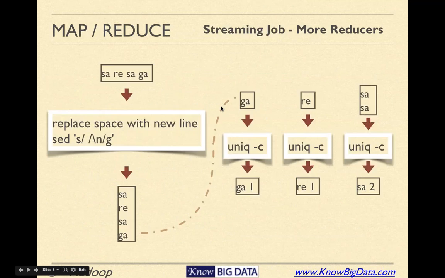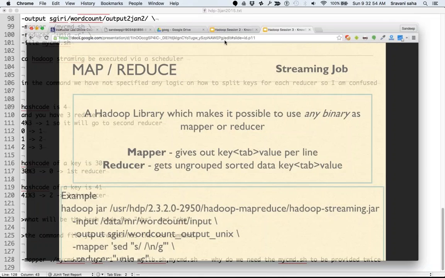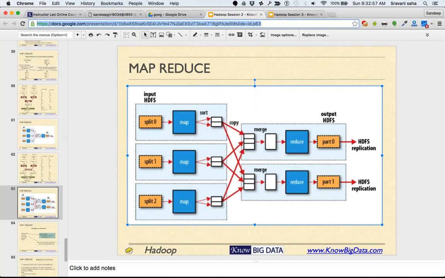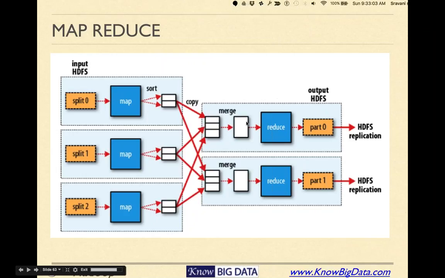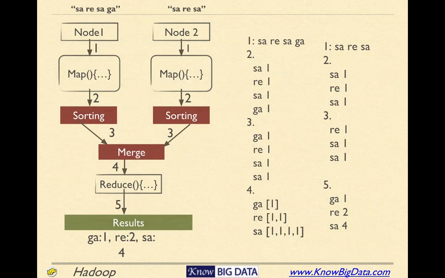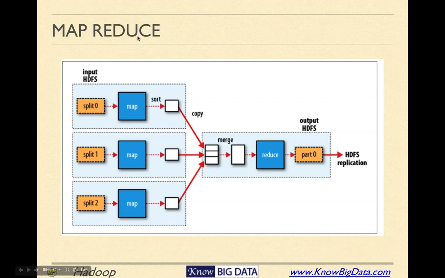I'll show you this again. So if you see this diagram here, if there is only one reducer, how many transports are happening? One, two, three, right?